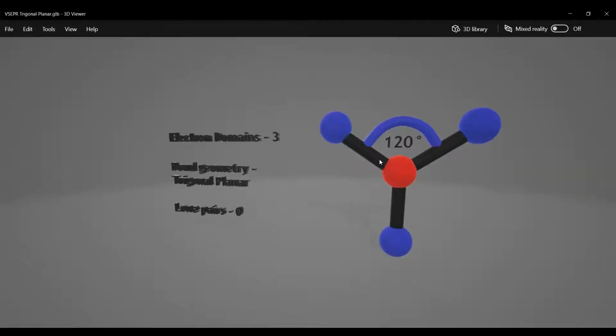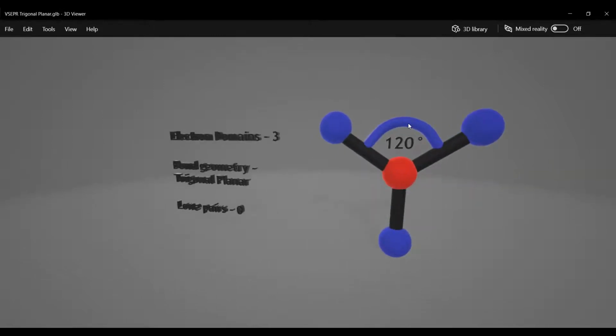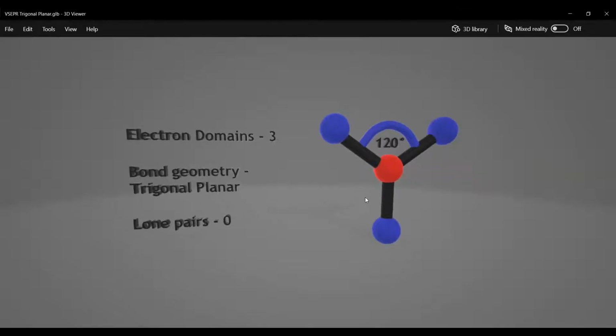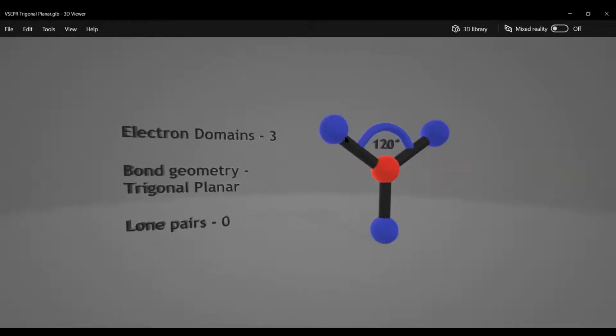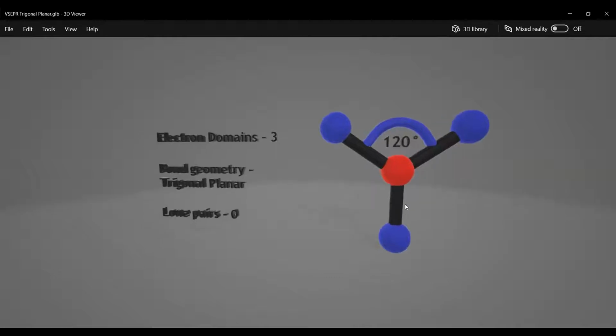Here you can see that there are 3 couples, 1, 2, 3 over here, and the shape that it makes is sort of like a triangle, so it's called a trigonal planar shape. I'll come to that in a second.